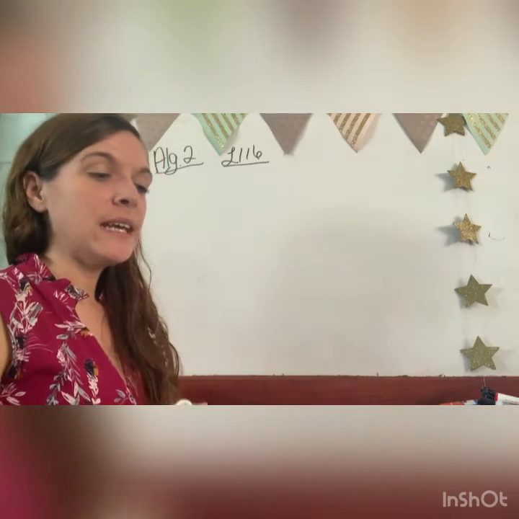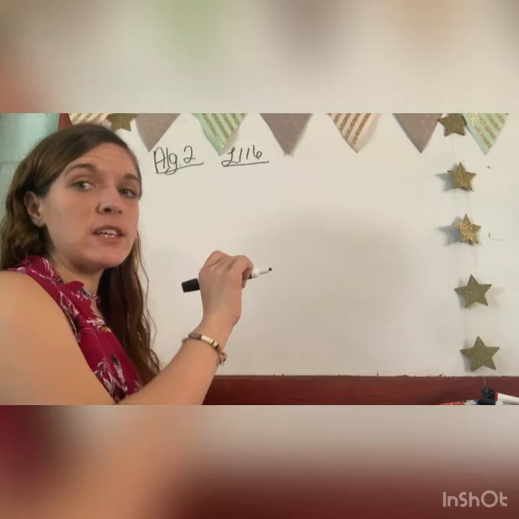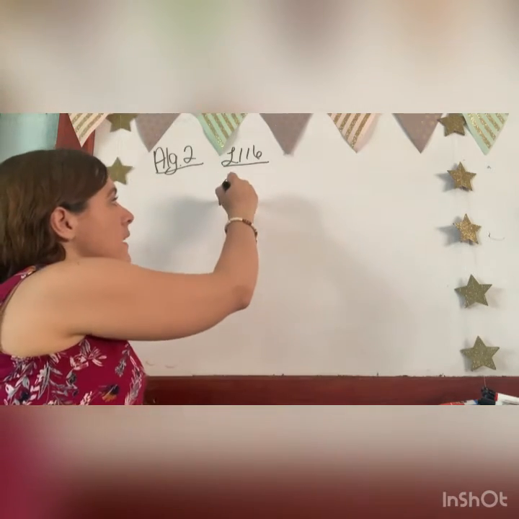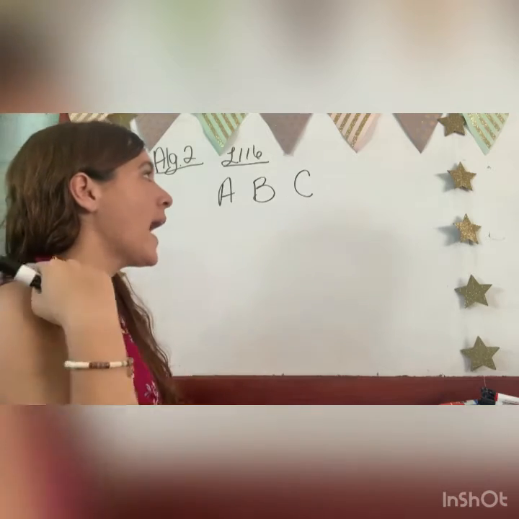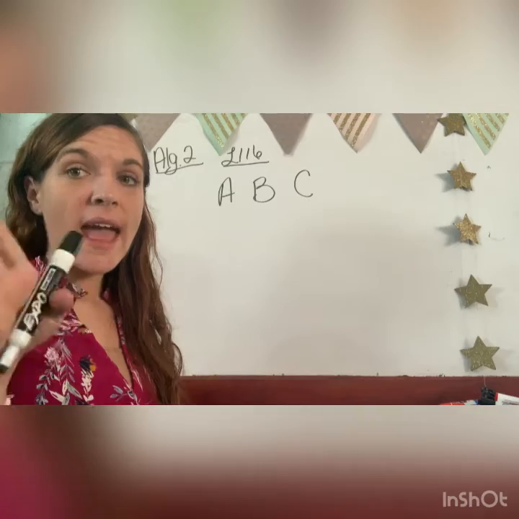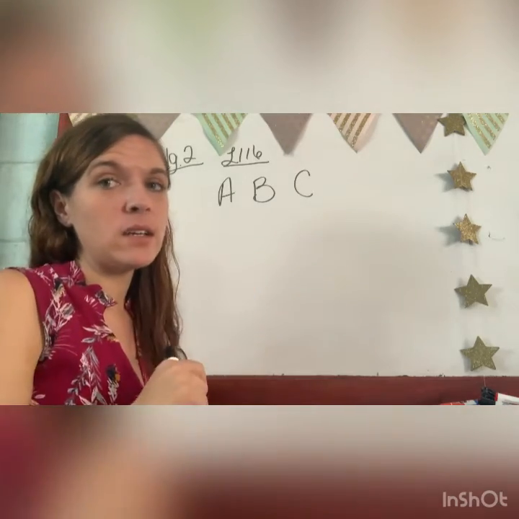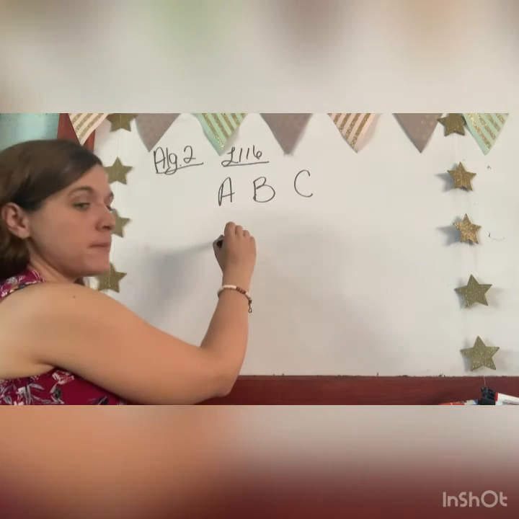Okay, so what we're doing is we're deciding the probability or sometimes the possible ways that you can arrange something. Like for instance, let's say that you have the letters A, B, and C, and you want to know how many different ways could you arrange A, B, and C. Well, I could easily tell you, like the book says, you could do A, B, C, that's one way.